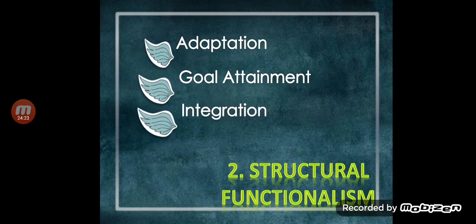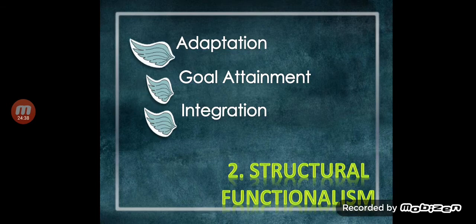Third one is the I, integration. In the case of integration, you must regulate the interrelationship of the component parts. For this, the interrelationship of its parts referring to adaptation, how do you adapt, how do you attain your goal, and they should be integrated with one another.